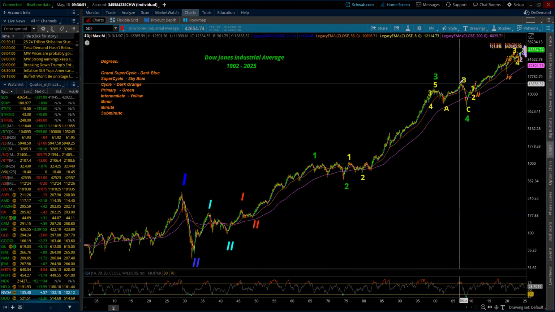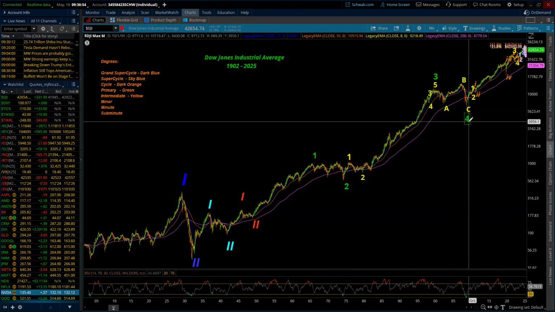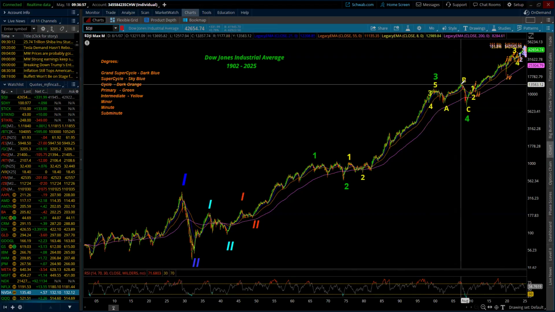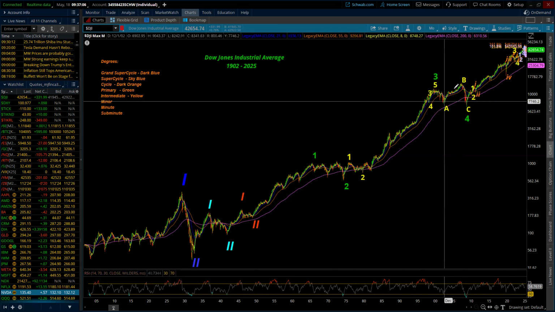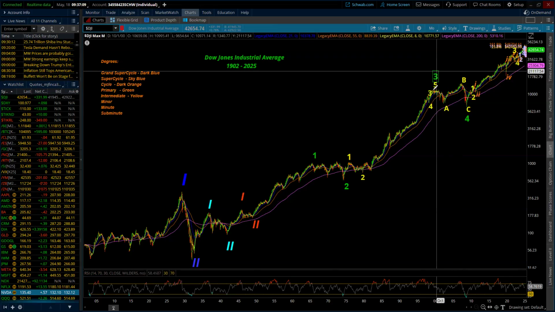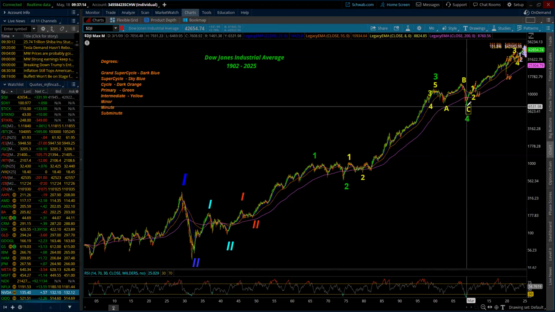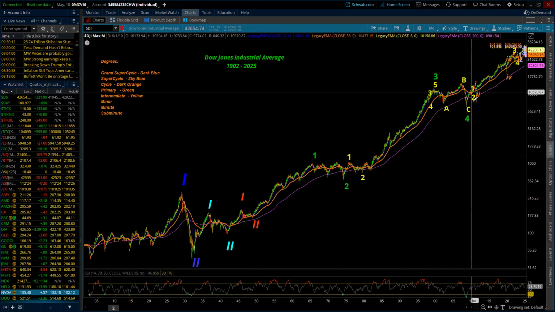The Dow actually had an irregular B wave as a part of primary wave 4, and it went to a new all-time high all by itself. The S&P equaled the high, maybe slight irregular. But here's wave A, wave B put in a new high above primary wave 3. And then we just came slicing down as quick as possible in this collapse here.